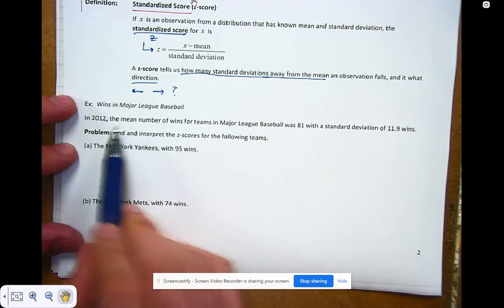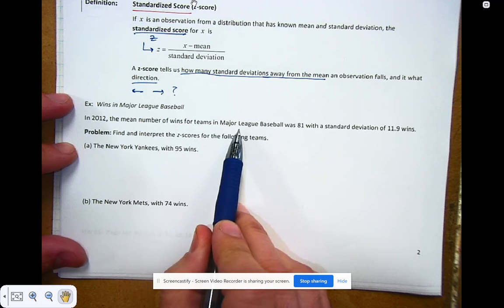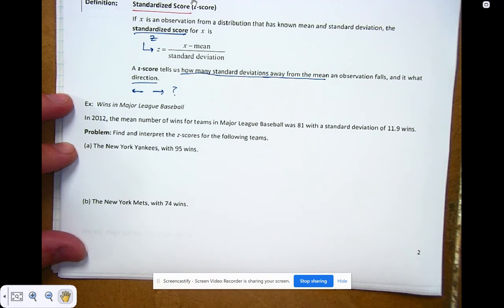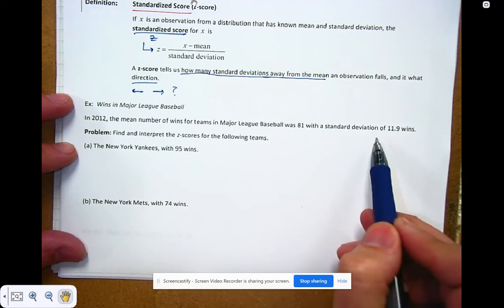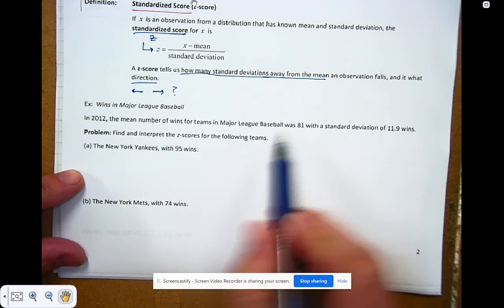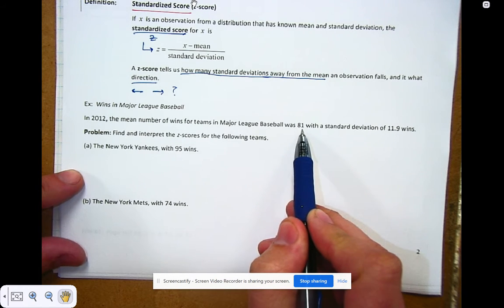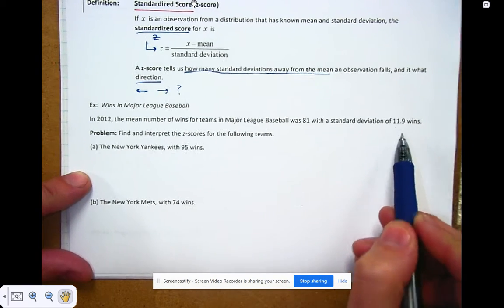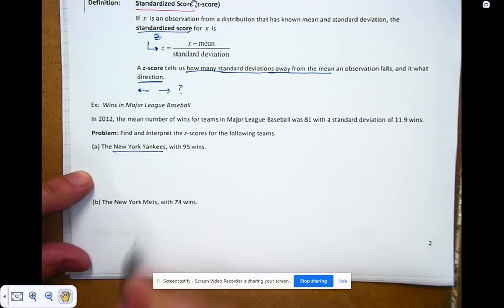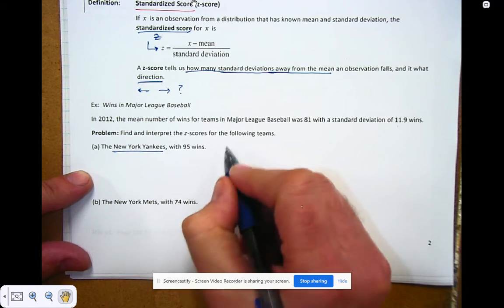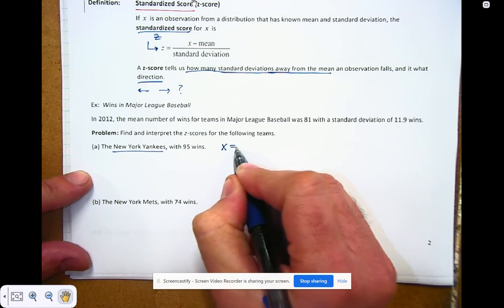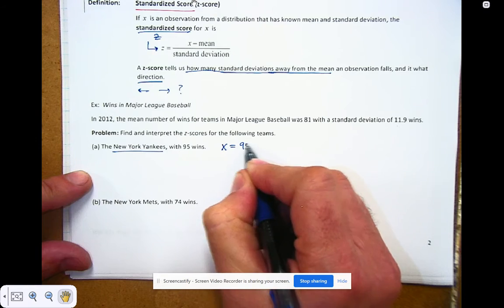Okay, so let's look at this example here. In 2012, the mean number of wins for Major League Baseball was 81 with a standard deviation of 11.9. So out of all of the teams, the average was 81 wins with a standard deviation of 11.9. How did the New York Yankees do? So let's standardize it. We have an X value, a data point of 95.